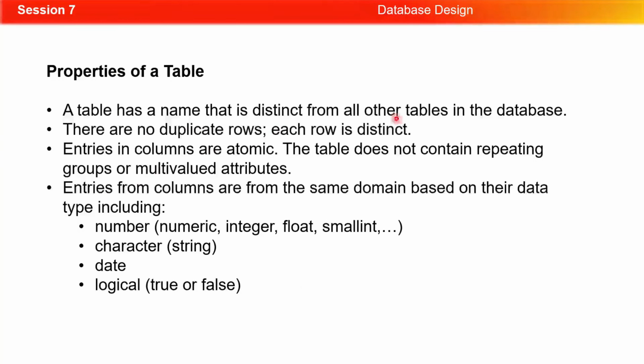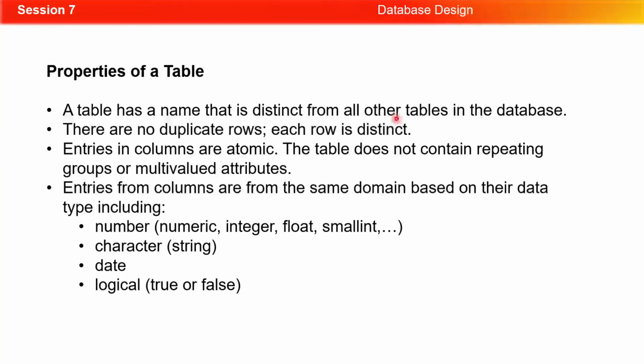Entries from columns are from the same domain based on their data type, including numeric, and with this we could have integers, floating, small ints, large ints, character, meaning a string, date, or some kind of Boolean or logical, true or false. These are all the data types, and there can be others that appear in a column, and every column has its own distinct data type that goes for every record.